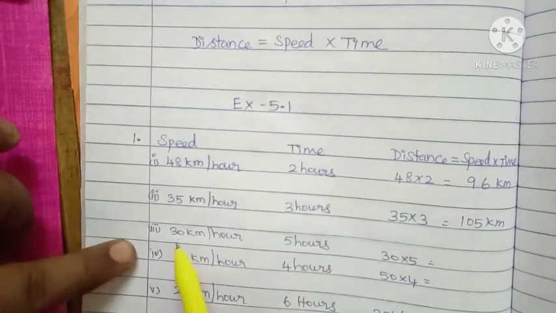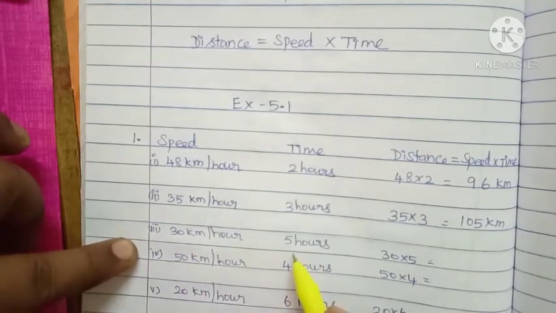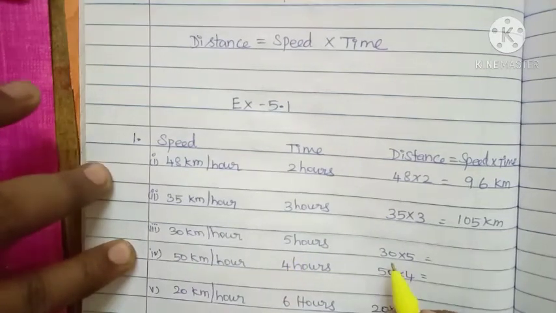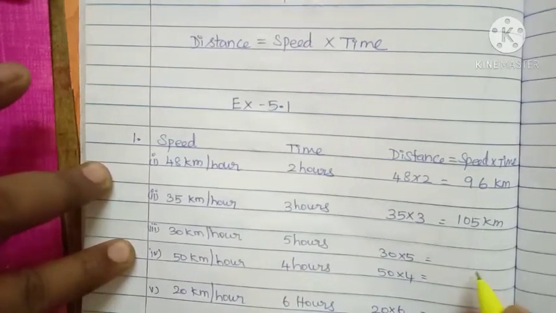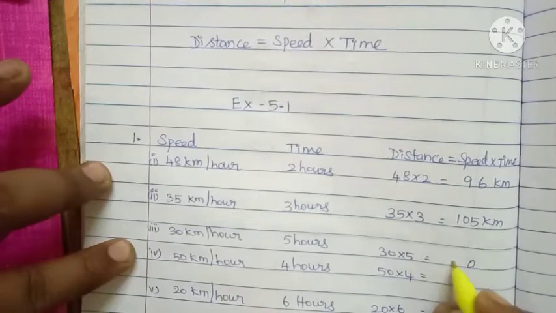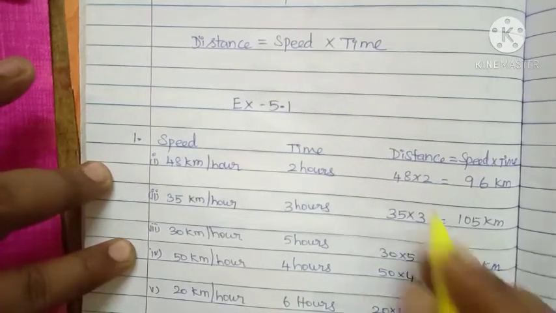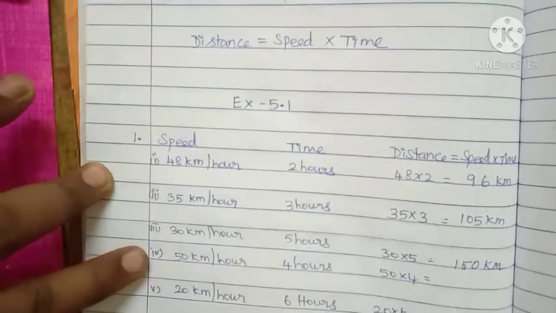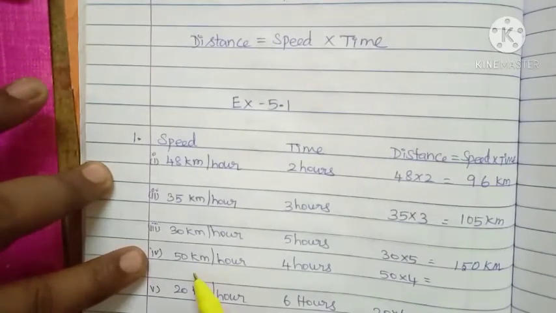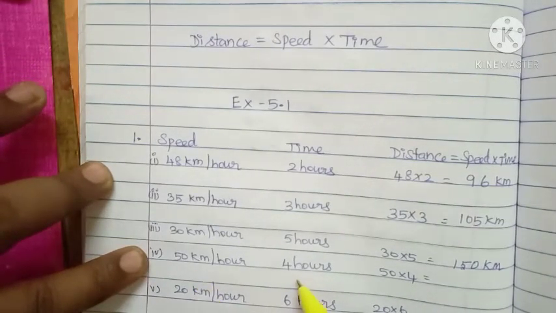Next one, 30 kilometer speed, 5 hours is the traveling time. So 30 multiplied by 5: you do 5 zeros are 0, 3 fives are 15, so 150. This is the kilometer distance. You find out the kilometer. The next one, 50 kilometer, 4 hours.